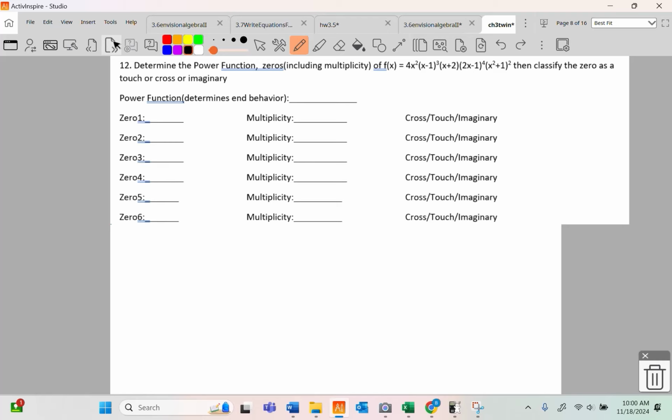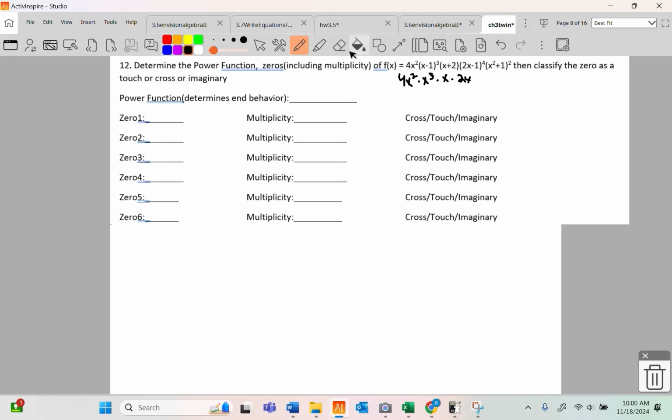Determine the power function, the zeros, including their multiplicity, and then classify each zero as a touch, cross, or imaginary. So the power function here is going to have 4x squared. This piece is going to have x cubed, x, and 2x to the 4th.